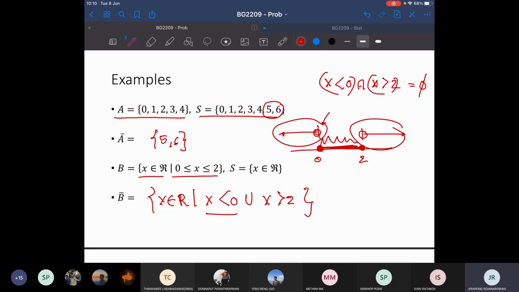X less than 0 and X greater than 2 are disjoint in this case. If you remember, disjoint means A and B are separate, with no overlap. X less than 0 is here, X greater than 2 is here, no overlap at all, so they are disjoint. So we have to use the union.